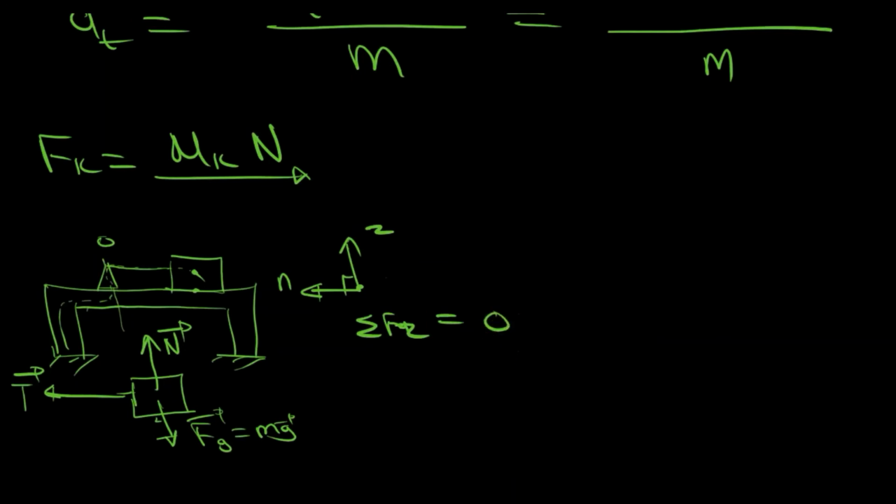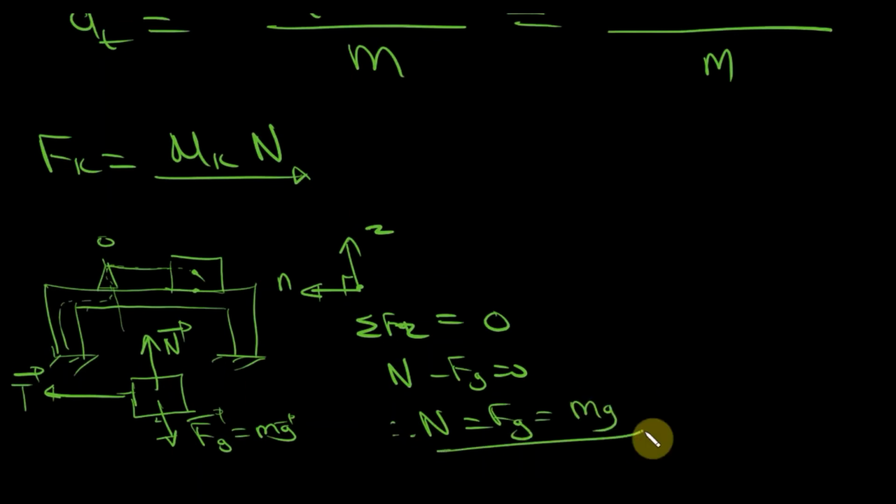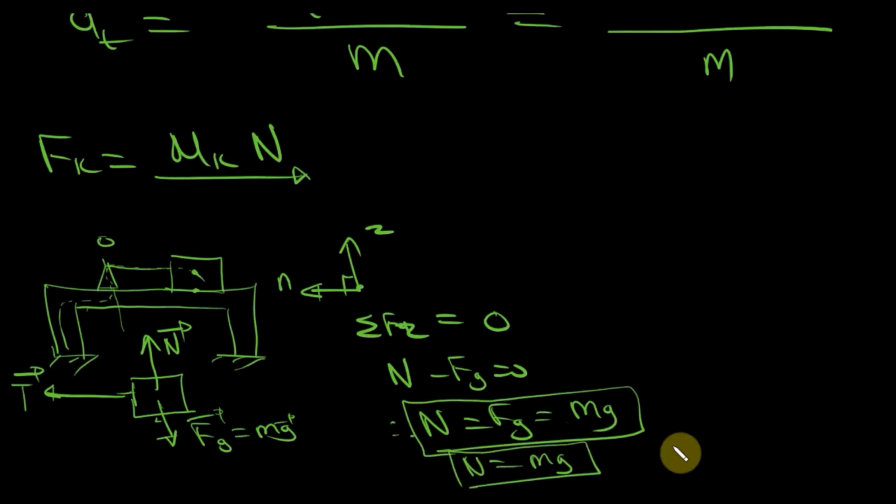The block is on the table, it's not going up and down, so we just have normal minus Fg equals 0. Therefore the normal force is equal to Fg, and we know that Fg is equal to mg. So normal force is equal to mg.